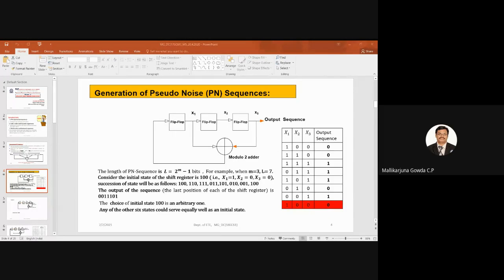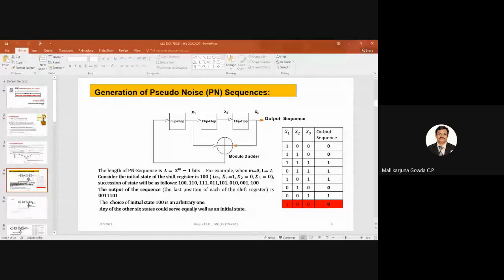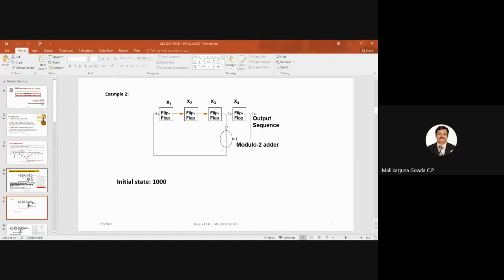Before that, let me say all of you should note down. I will not put this circuit again in GCR, so you should take it. I will just say the assignment.